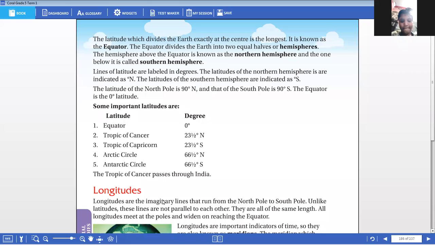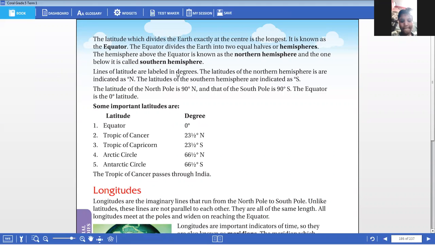The hemisphere above the equator is called the northern hemisphere, and the one below is called the southern hemisphere.